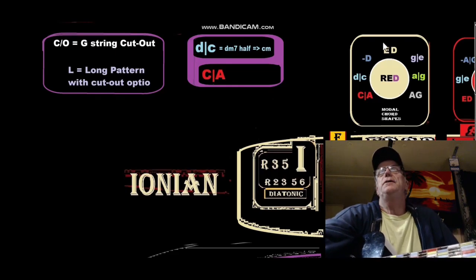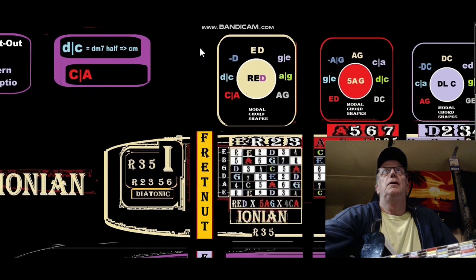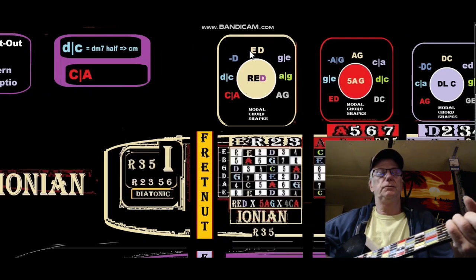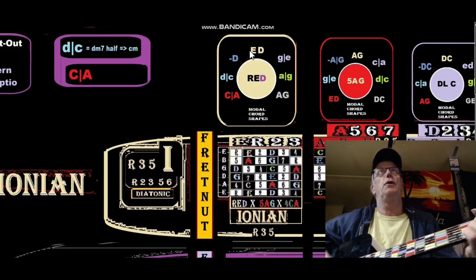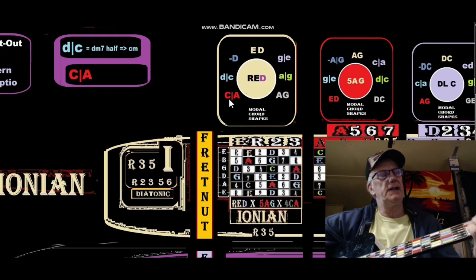So in the Ionian cage, we have the E-shaped root. The 4th is the A to the G, and the 5th is the C half shape.